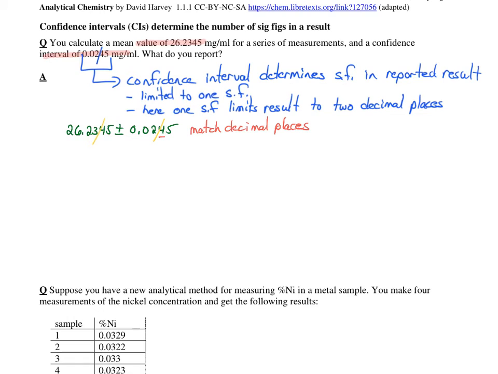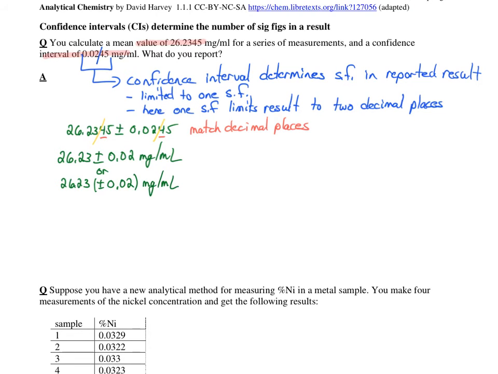So in this case, each of these numbers is rounded down, and our correctly reported answer is 26.23 plus or minus 0.02 milligrams per milliliter. Or if we want, we can write this as 26.23 plus or minus 0.02 milligrams per milliliter.